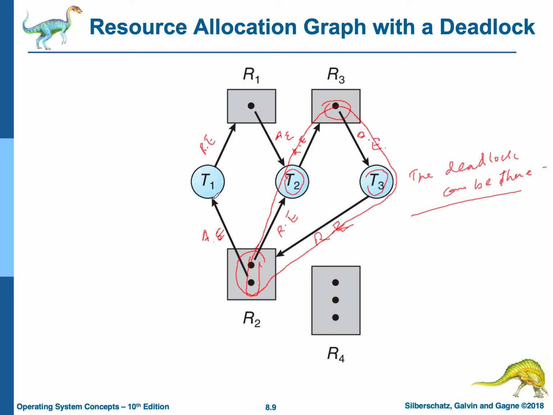Because T1 is waiting for some resources to be released by R1, while T2 is waiting for some resources to be released by T3, and T3 is waiting for some resources to be released by T2 or T1. So we can say that these three are actually critical components forming a possibility of some deadlock.